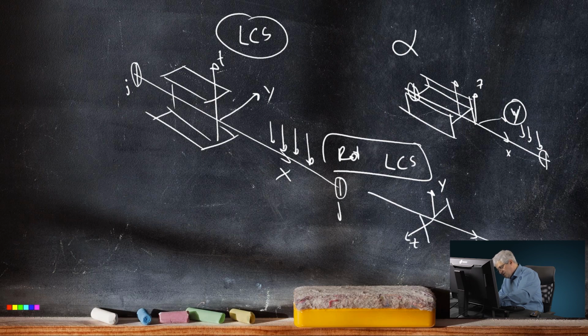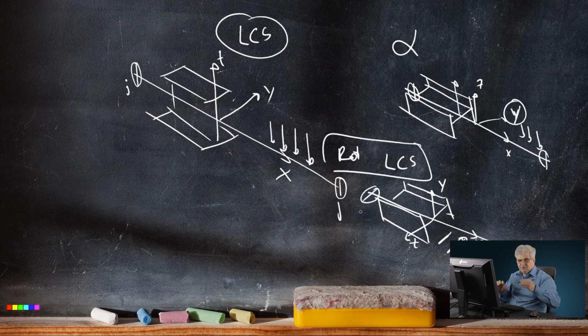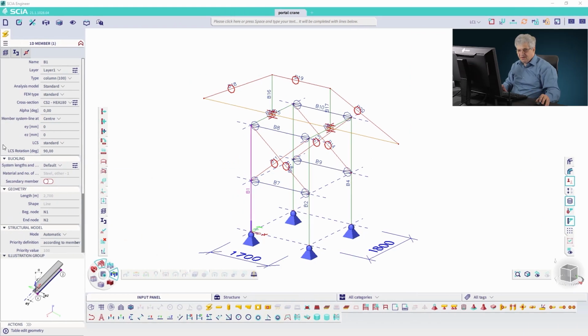With the coordinate system, you have also the rotation of your member, of your loads, and of your hinges. So everything which is connected to the coordinate system will automatically rotate. Therefore I prefer, at least at the start, this functionality.